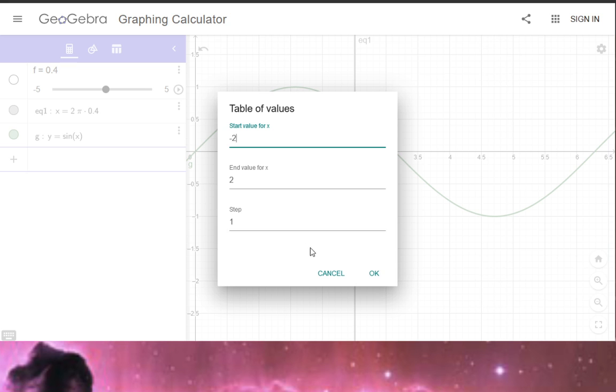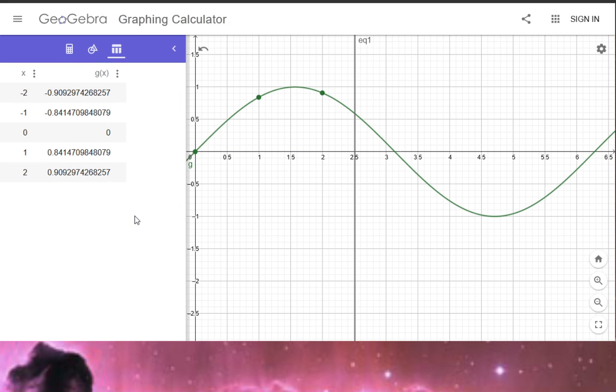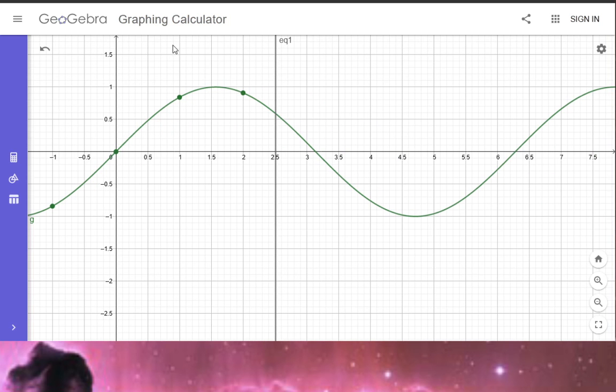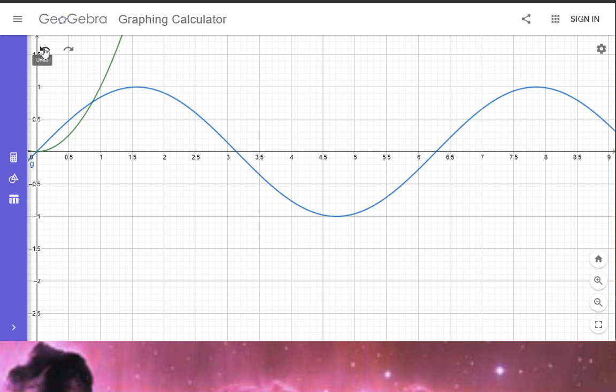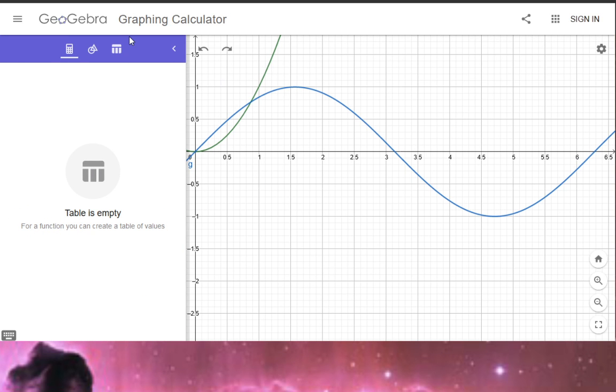Table of values. Oh no, I lost everything. I lost everything.